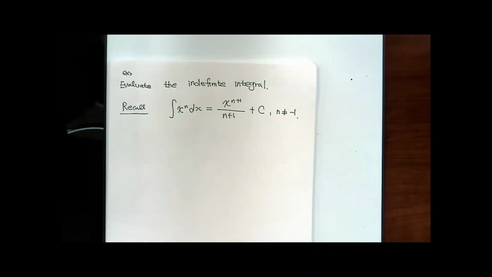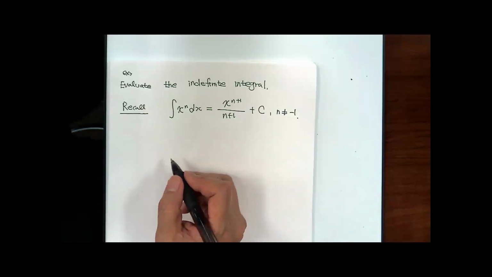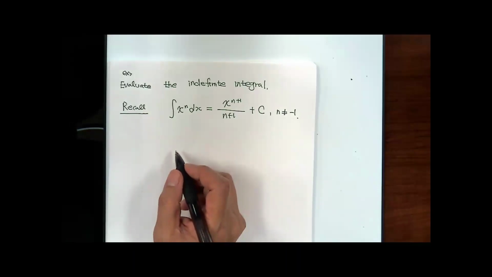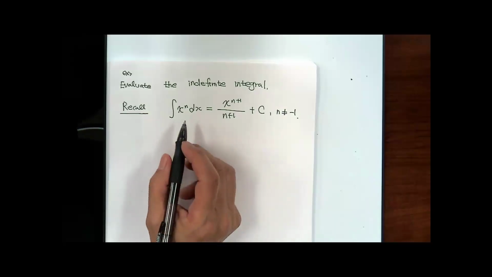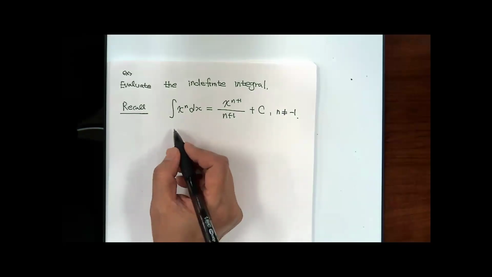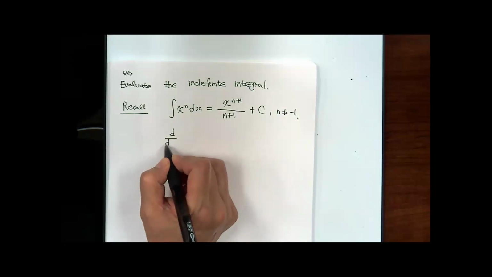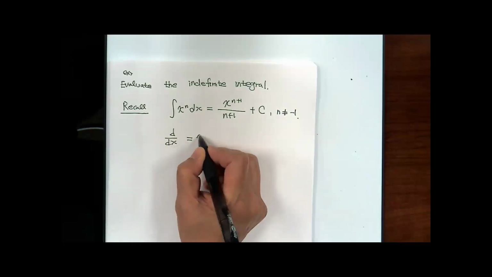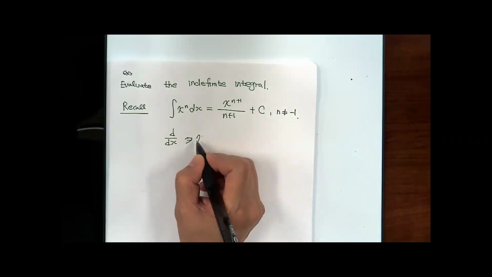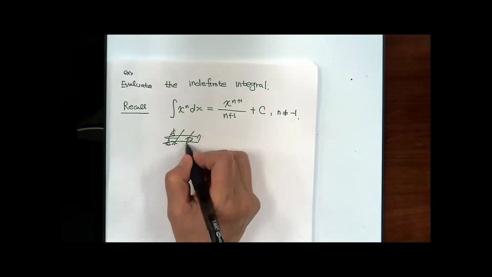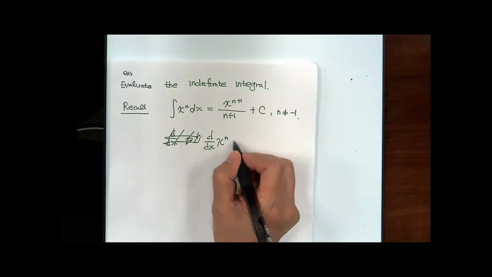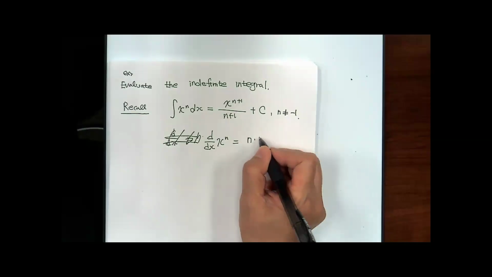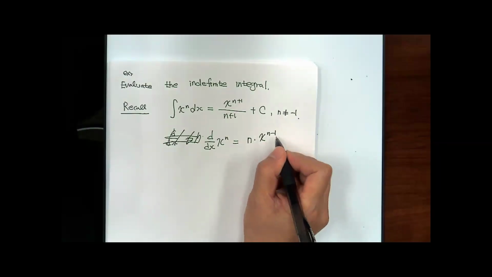When n is not minus 1, the integration of x to the nth power is x to the n plus 1 over n plus 1 plus c. In other words, the derivative of a power function will be n times x to the n minus 1.